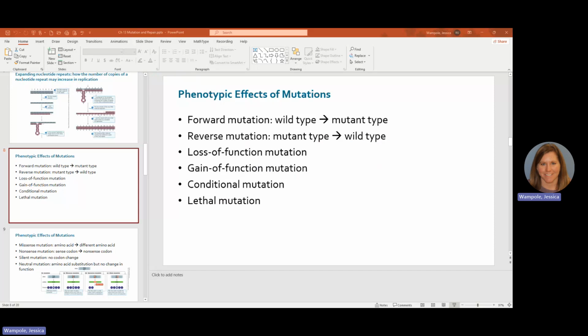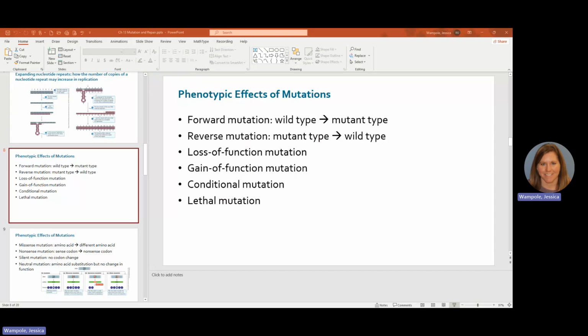Now this one is not always detrimental. You can have something called a neutral mutation. This is where you substitute a different amino acid, but you cause no change in the function of your protein. In other words, that amino acid substitution doesn't cause any shape change or functionality difference in your protein.